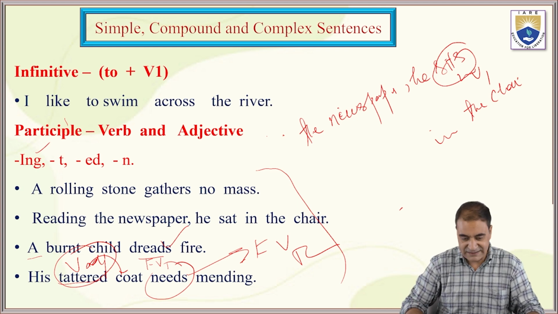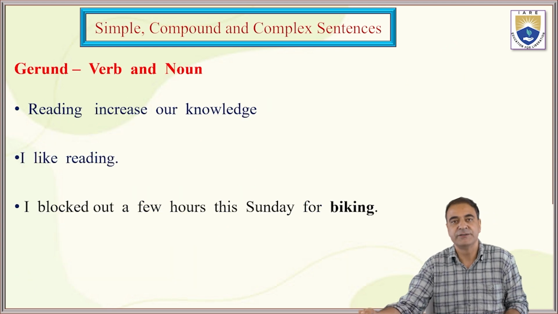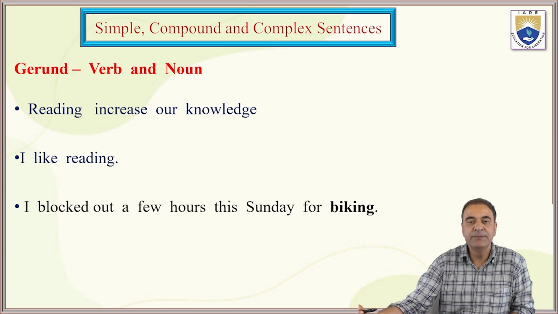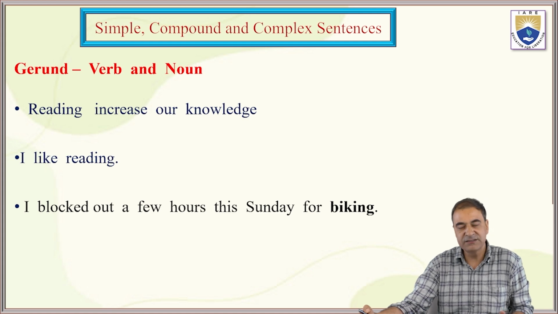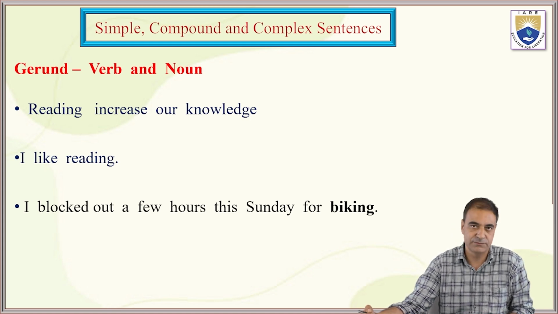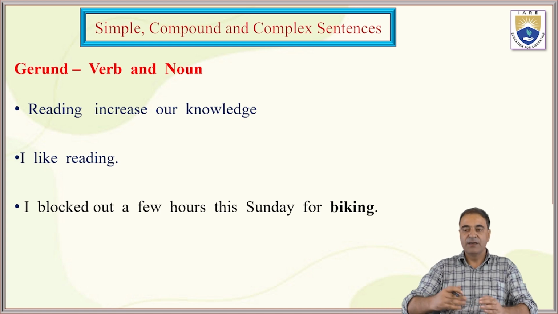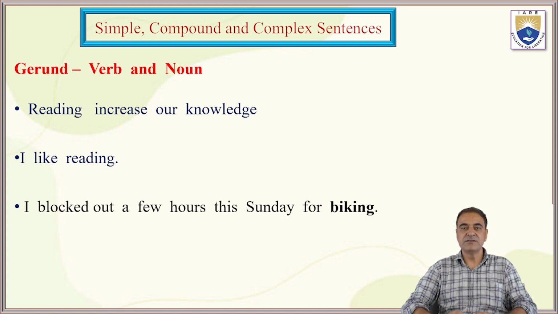Now we have the next one, and that's the gerund. Gerund means a word or a non-finite verb that behaves as both a verb and a noun. For example, if you look at these gerunds, you will find them both as nouns and verbs.